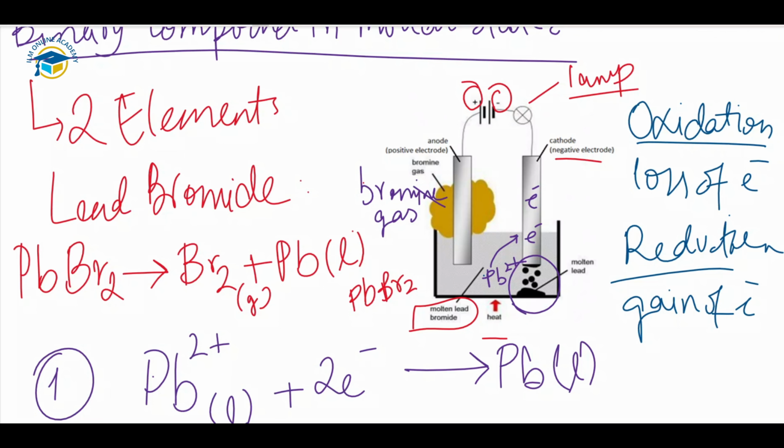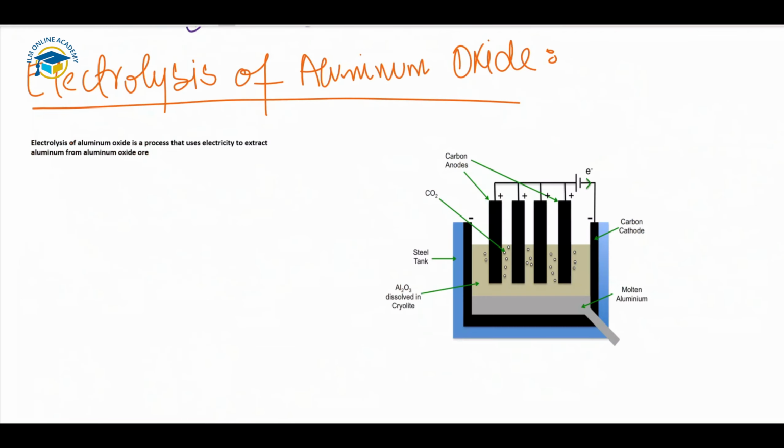Lead ions move towards the cathode because lead ions have positive charge and the cathode has the negative charge, and bromine gas is formed at the anode because of the negative charge of bromide ions, and positive and negative attract each other. So this is how the electrolysis of bromide ions and lead ions occurs in the electrolysis of lead bromide. Now we'll discuss the electrolysis of aluminum oxide.